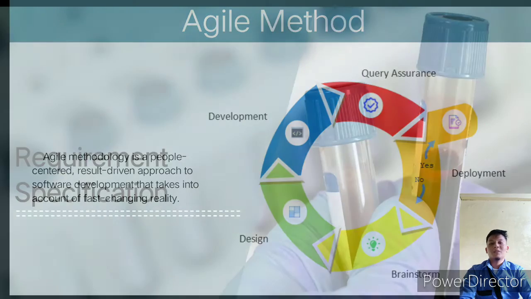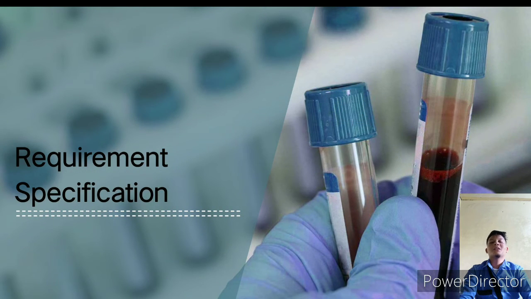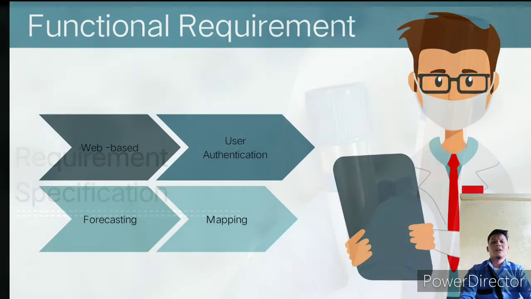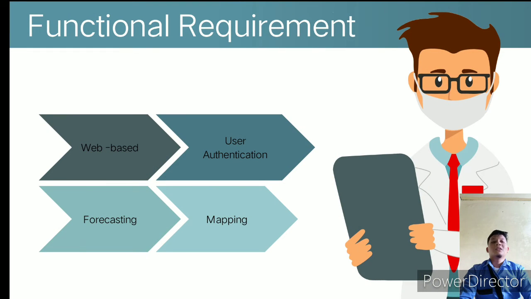And this is the requirement specification. The following requirements are needed to access and run the system. The functional requirement is the feature of the system that will provide forecasting and mapping function: web-based, user authentication, forecasting, and mapping.